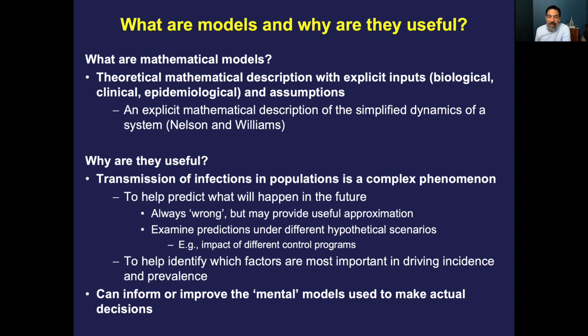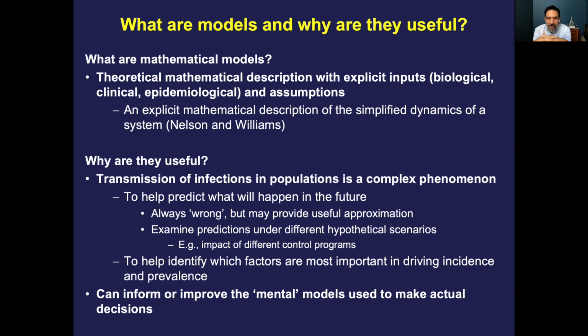And at the end of the day, if we don't have mathematical models that are well developed, we're left to our own intuition to try and guess what infectious diseases might do going forward, or how we might best control them. And Nelson and Williams refer to this kind of intuition as mental models, the kind of models you make in your head about how you think, based on what you know, the infectious disease might behave.